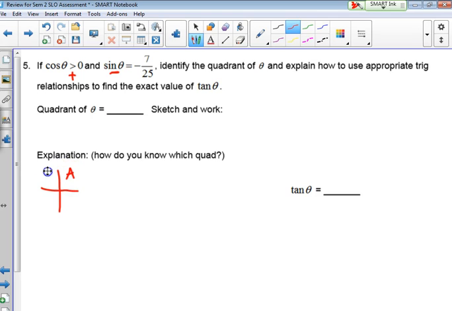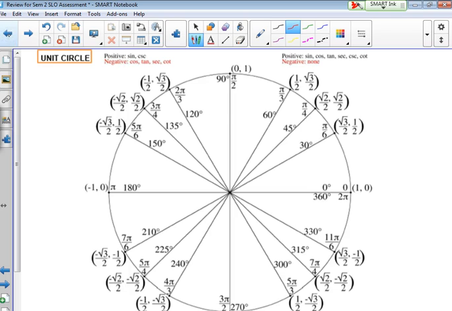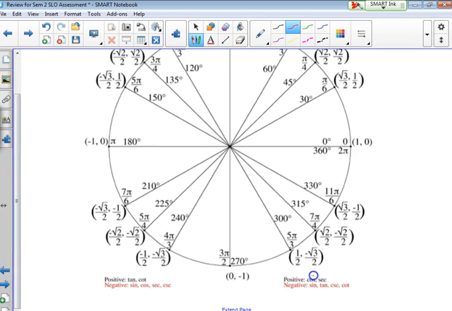Some of you will do this. Remember that? Which, by the way, could you just look at the unit circle? Where are the cosines positive and the sines negative? Yes? Quadrant 4? You'll have that unit circle, right? And it even says it here. Cosine is positive, sine is negative, right there.